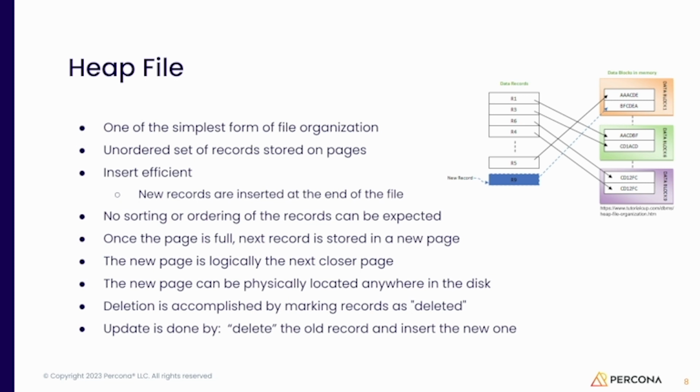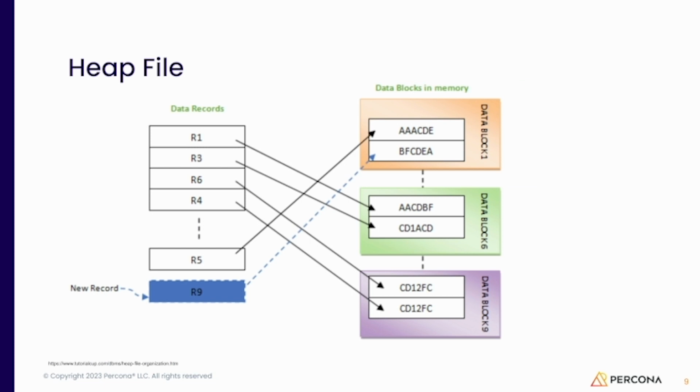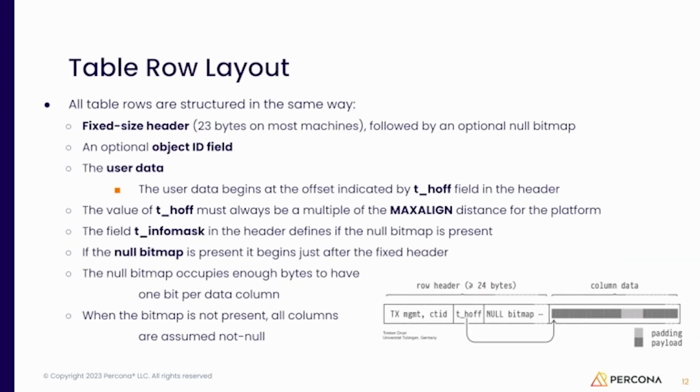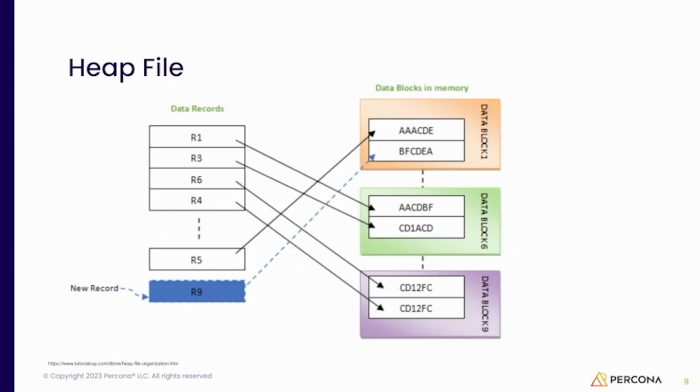And one problem that we have on the majority of databases is when we start doing what we call random I/O. For example, MySQL uses a different storage type. MySQL uses clustered indexes. So when you create a table and you create a primary key, the table is physically organized by the primary key.